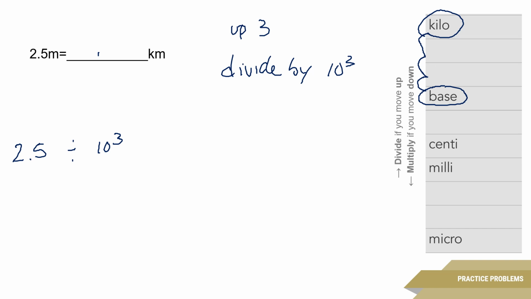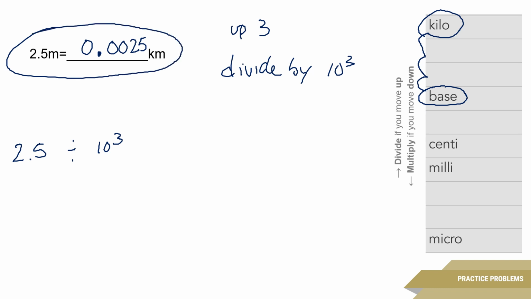Well, I don't know how to undo that, so that's going to be our decimal point. 0.00. Yeah, it fits. So we should get 0.0025. That's tenths, hundredths, thousandths, 10,000ths. We have 25 10,000ths for this one.